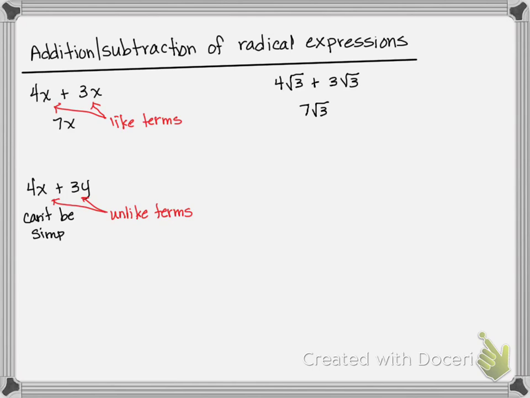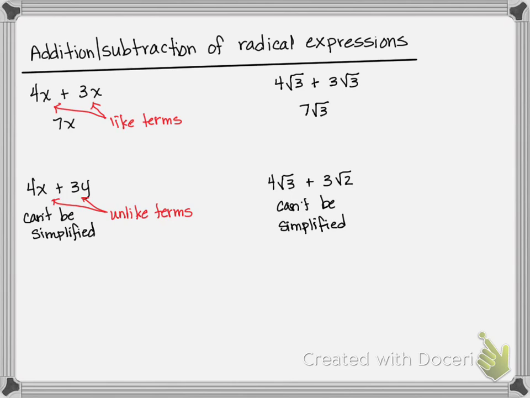So if I have 4 times the square root of 3 plus 3 times the square root of 2, that cannot be simplified, for the same reason that this one can't be simplified over here. They're not like terms because the factor after the coefficient is different.